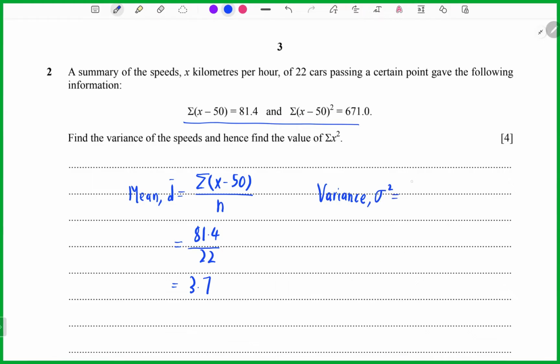Okay, the variance formula, actually we also know that, here actually is the sum of (x minus 15) squared divided by n, minus the mean squared.